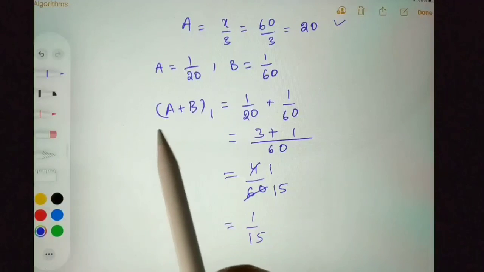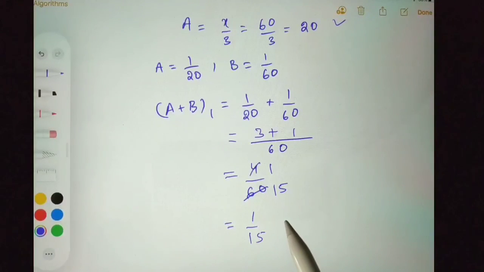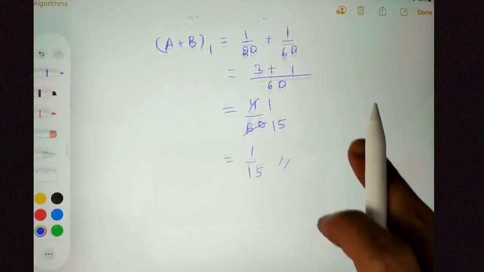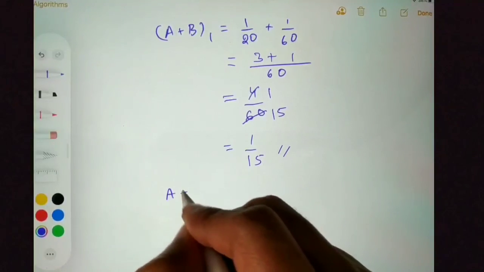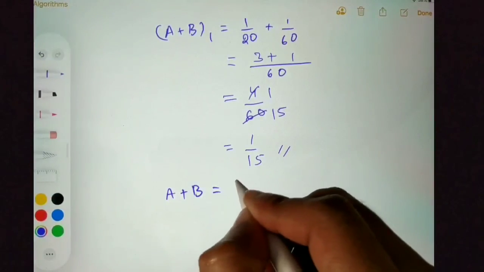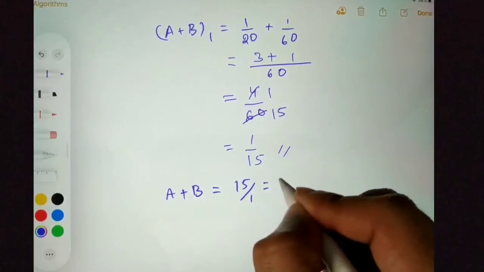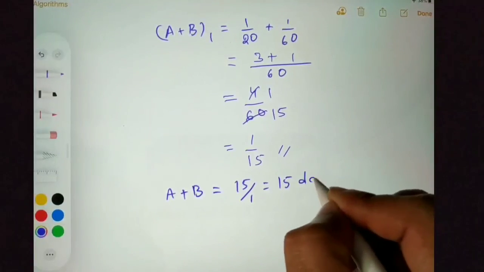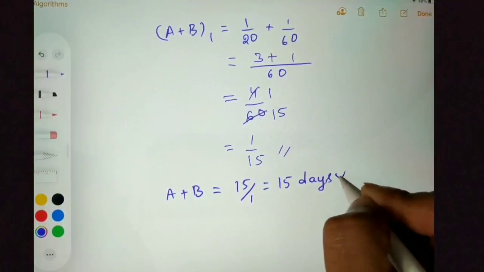A plus B's 1 day's work is 1 by 15, and if we ask how many days A plus B takes to complete the task, it is 15 by 1, that is 15 days. So 15 days is the answer.